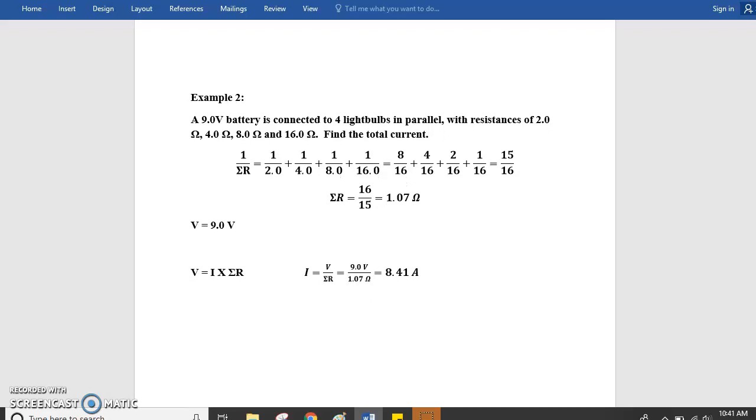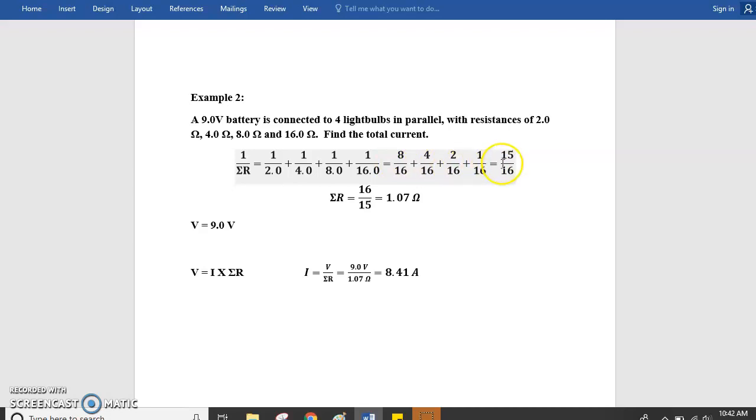So, another example. Let's say we have a 9-volt battery still, and 4 light bulbs in parallel with 2, 4, 8, and 16 ohms. Find the total current. So, 1 over the total resistance is 1 over 2 plus 1 over 4 plus 1 over 8 plus 1 over 16. I'm going to move all of those into sixteenths. So it turns to 8 sixteenths plus 4 sixteenths plus 2 sixteenths plus 1 sixteenth.